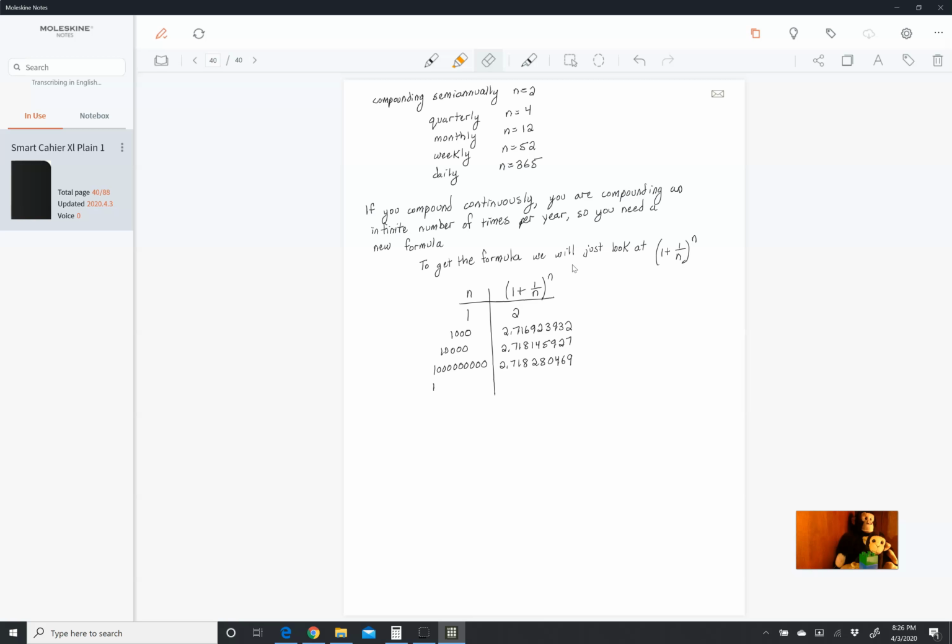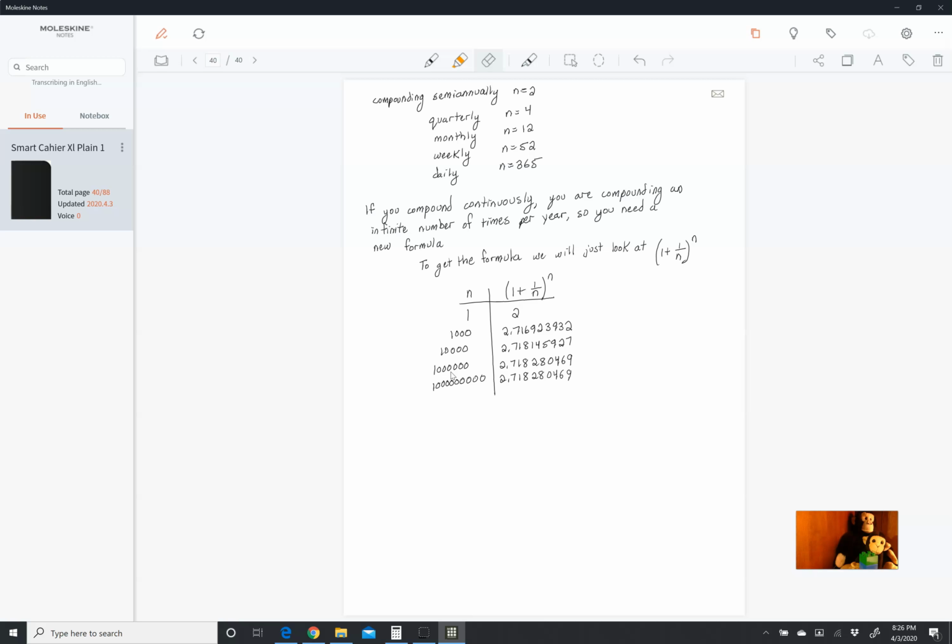If we plug in 1 billion, that was not 1,000,000, I got overexcited there. That's 1,000,000. If we plug in 1 billion, we also get 2.7182804669.